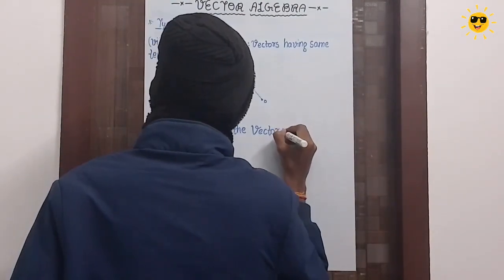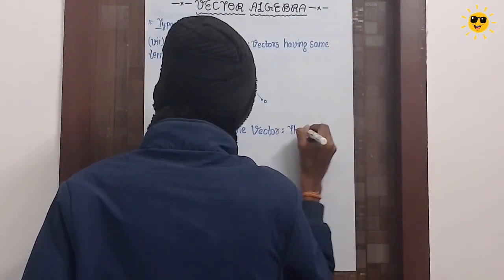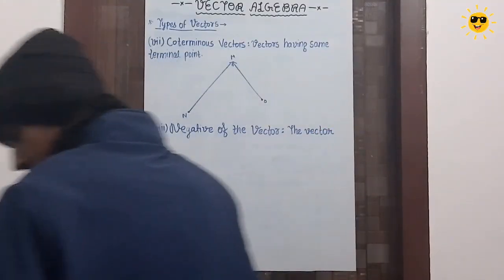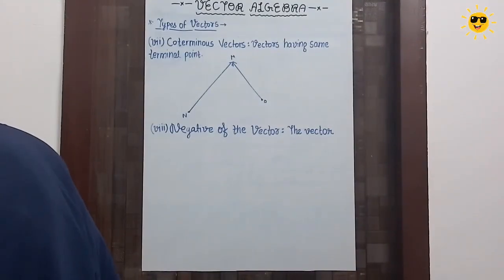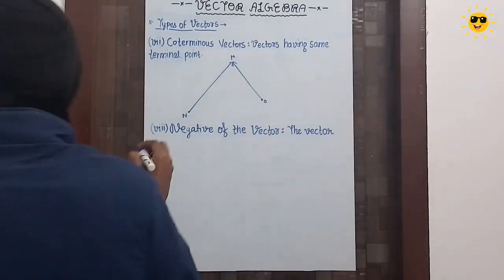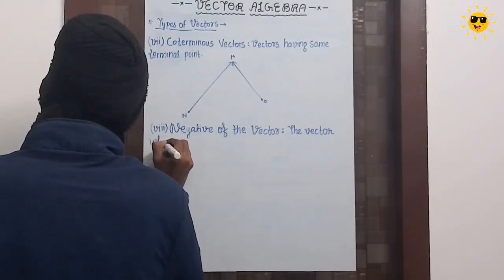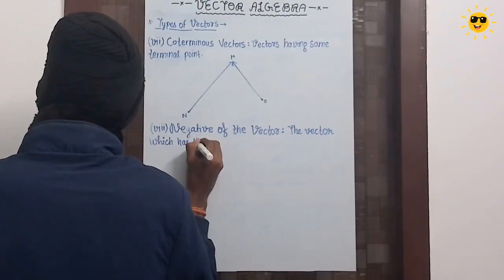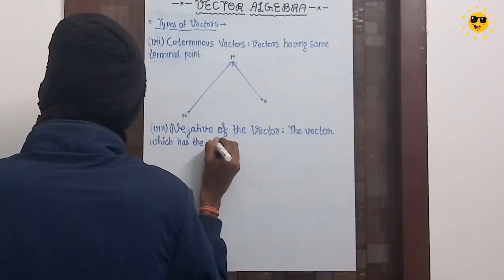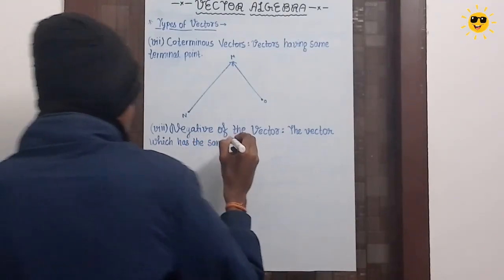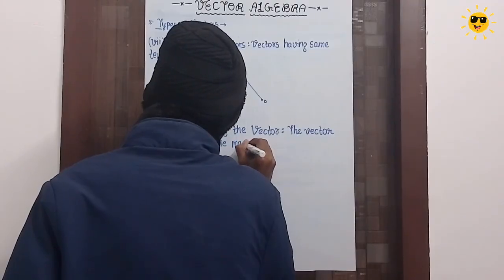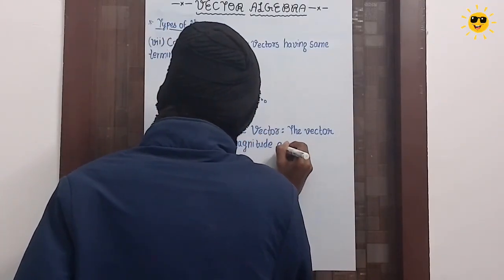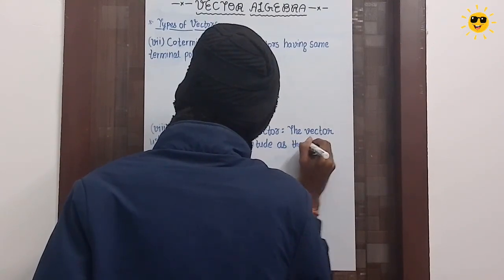We will say a vector which has the same magnitude as the given vector.